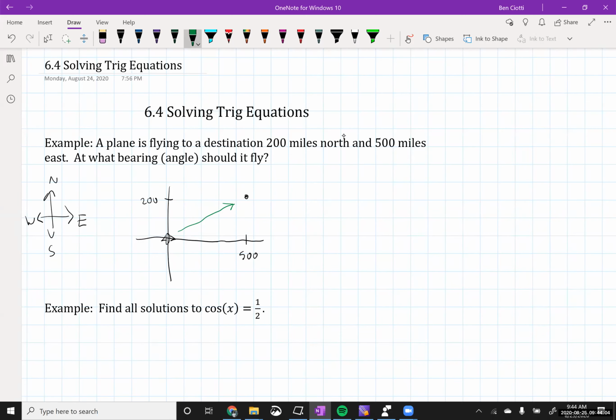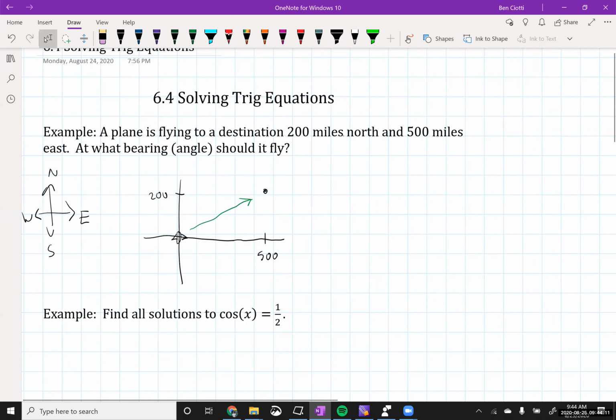Using inverse trig, we can figure out what our bearing should be or what our angle is. How about if we let theta be the angle we make relative to the east direction?